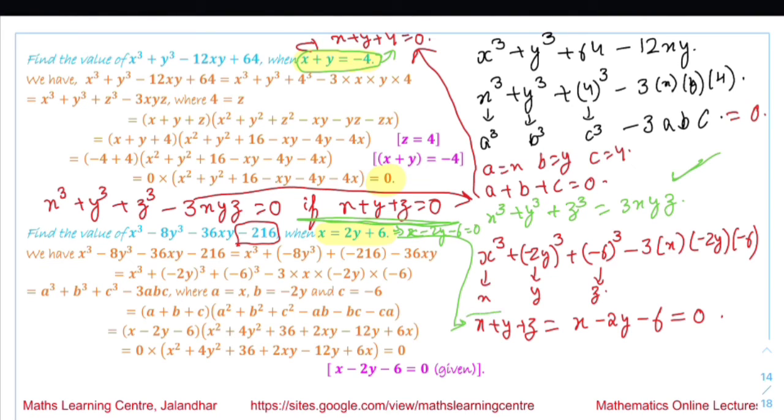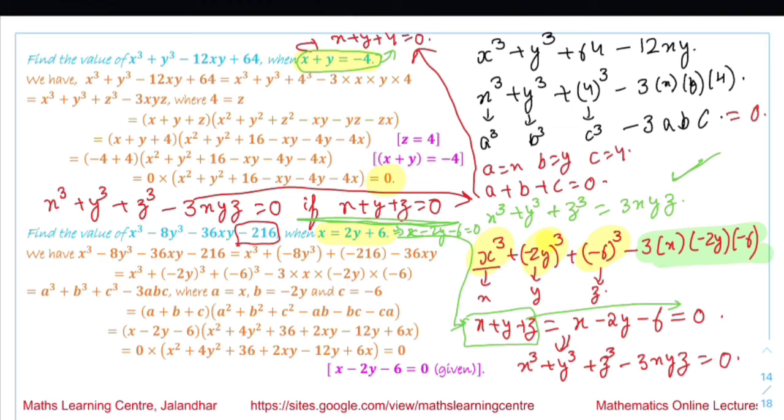So what we get is x + y + z is equal to 0, and when x + y + z is equal to 0, then x³ + y³ + z³ − 3xyz is equal to 0. So our final answer in this case is also 0.